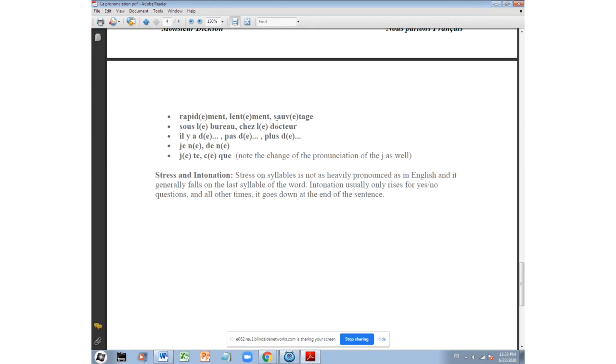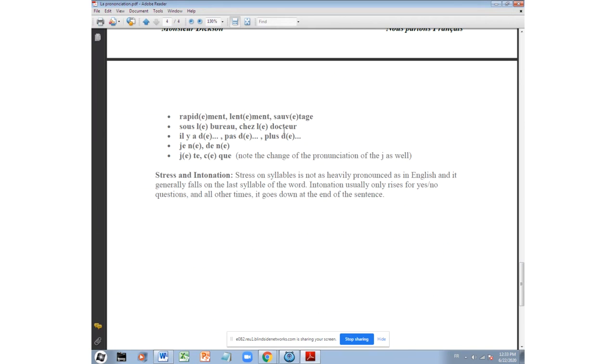Now we say again sur le bureau, chez le docteur. Again with this word: il y a deux, pas deux, plus deux. Then je ne, de, ne, je te, ce que. Note the change in pronunciation of the je. So we say je, not j, okay?